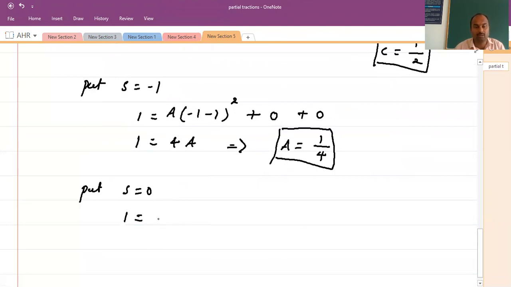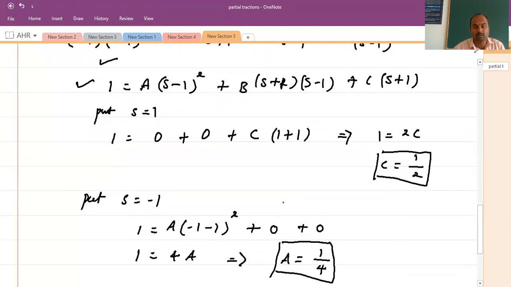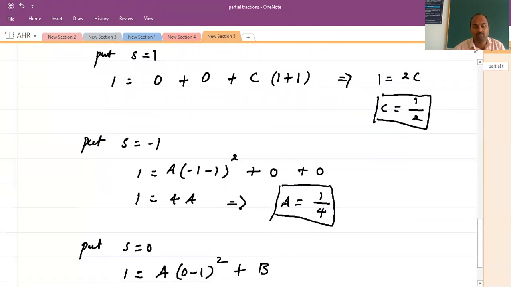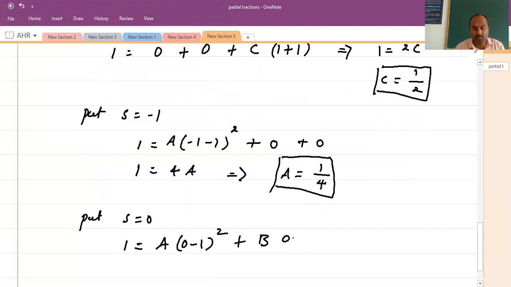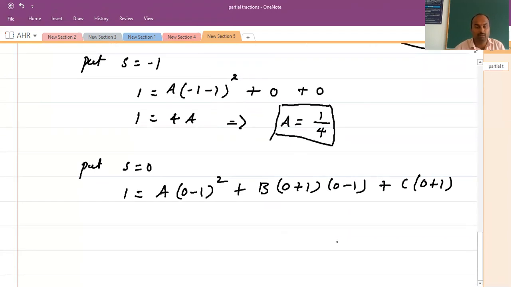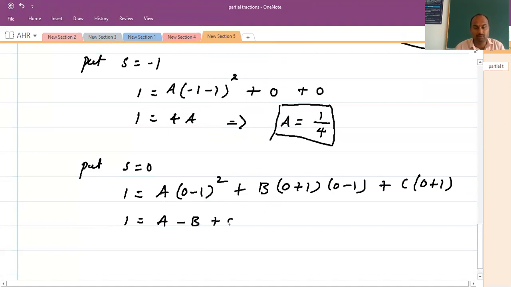The left hand side is 1, a into 0 minus 1 whole square plus b into 0 plus 1, 0 minus 1, plus c into 0 plus 1. Simplified, it becomes 1 equals a minus b plus c.